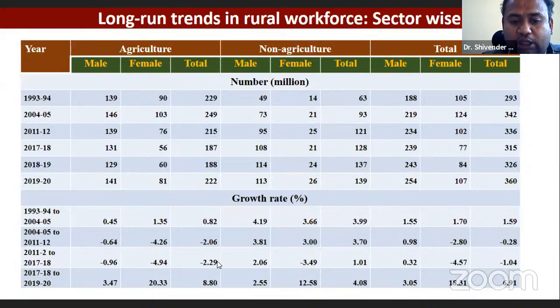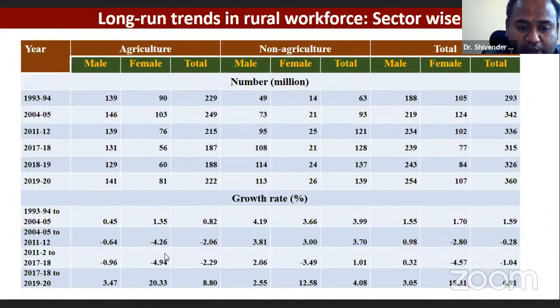So the growth rate of decline in agriculture workers accelerated to 2.29%. If you disaggregate this decline by gender, female and male, you can clearly find that the decline is primarily by the female workers, which has declined by more than 4% or so, while male workers have withdrawn by less than 1% or so.